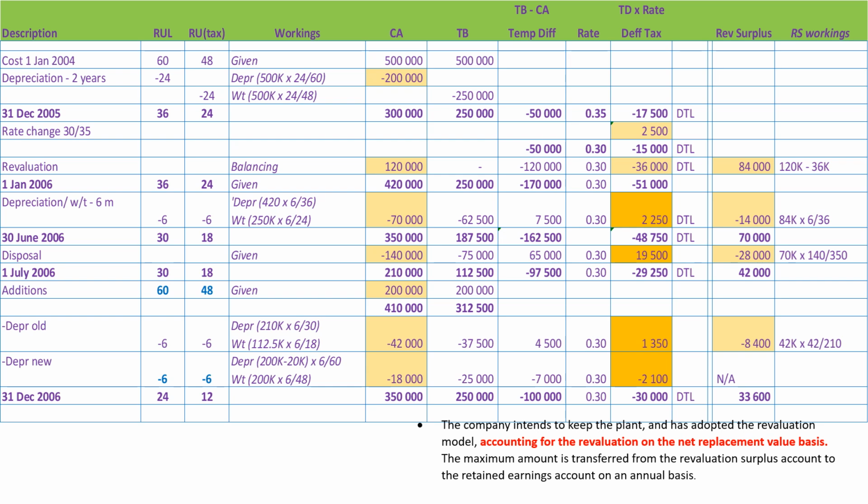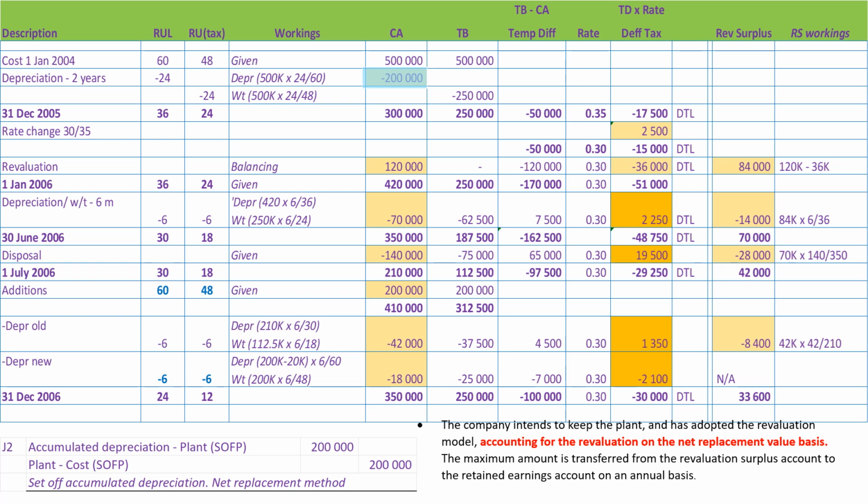So what you basically need to bear in mind is that for the net replacement value basis, before you account for any revaluation, you need to take whatever balance is sitting in your accumulated depreciation account and simply transfer that balance to your cost account before you account for the revaluation surplus.